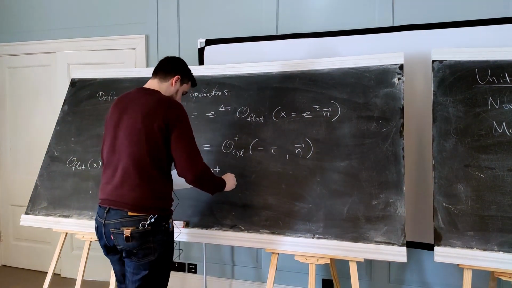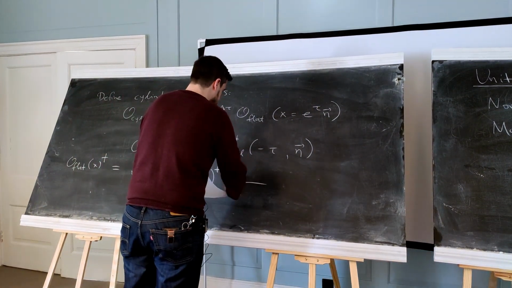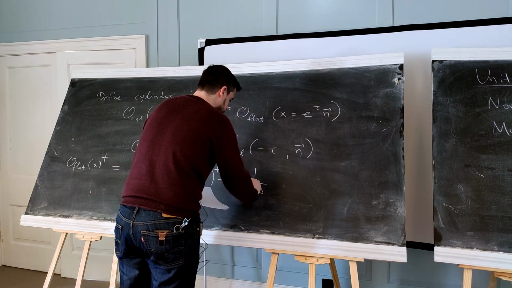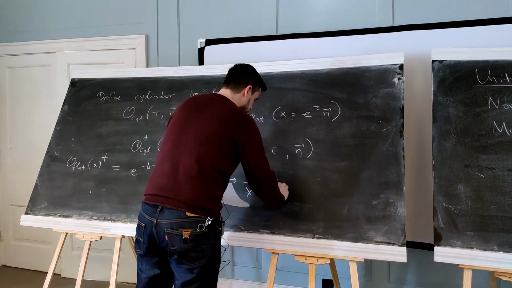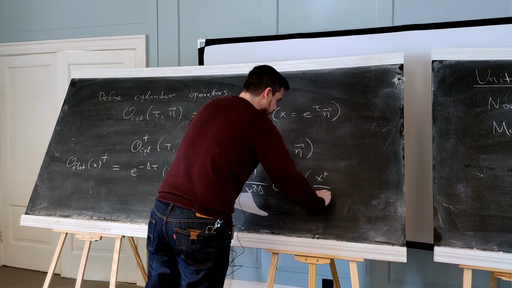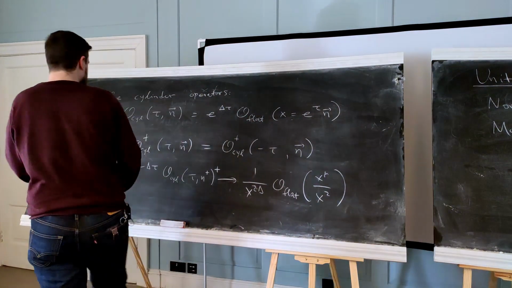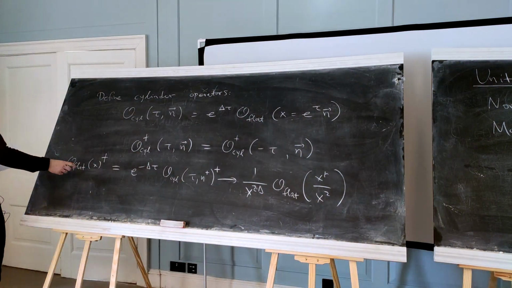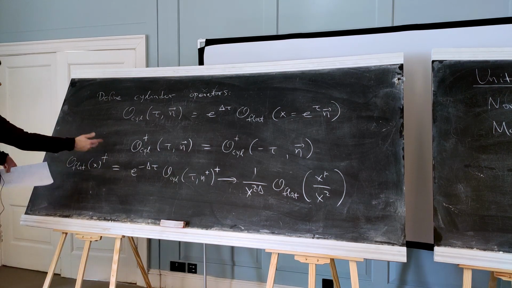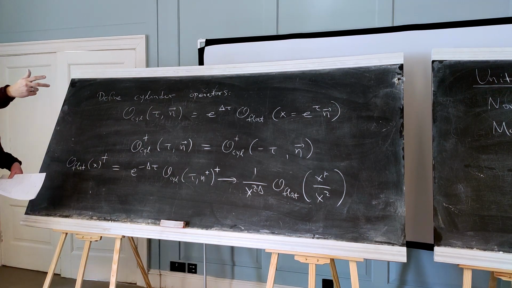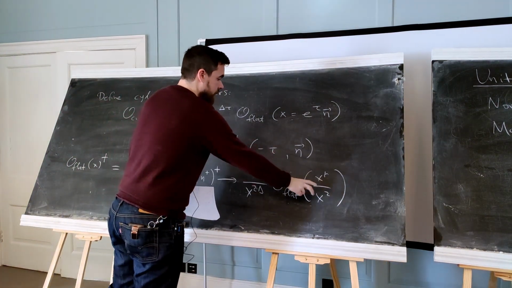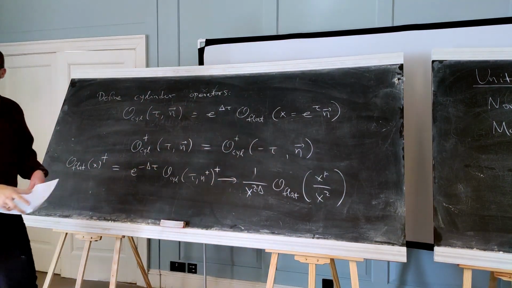And this will give us, in the end, 1 over x to the 2 delta, O of x mu over x squared. You can work out the algebra. So it becomes an inversion. So the point here is that conjugation in radial quantization is equivalent to an inversion of the position of the operator. Okay?